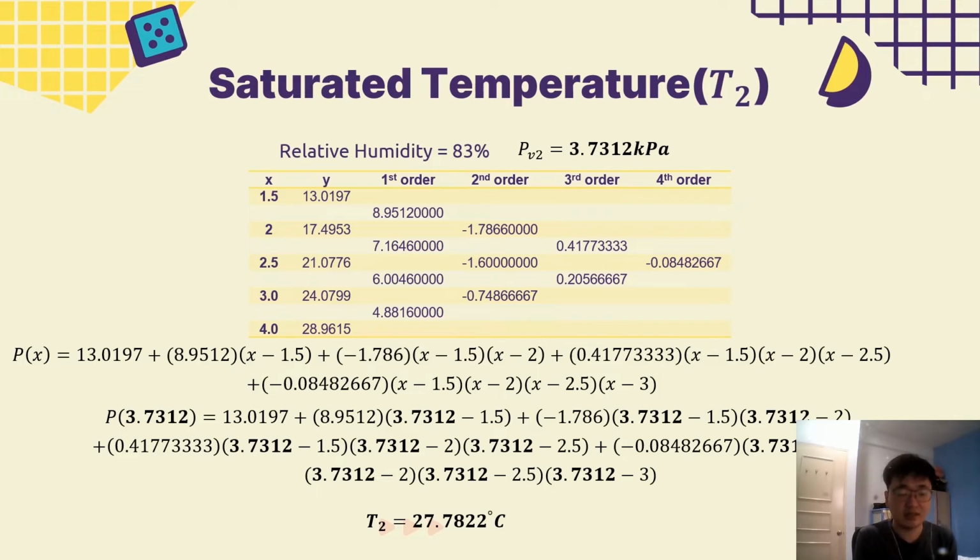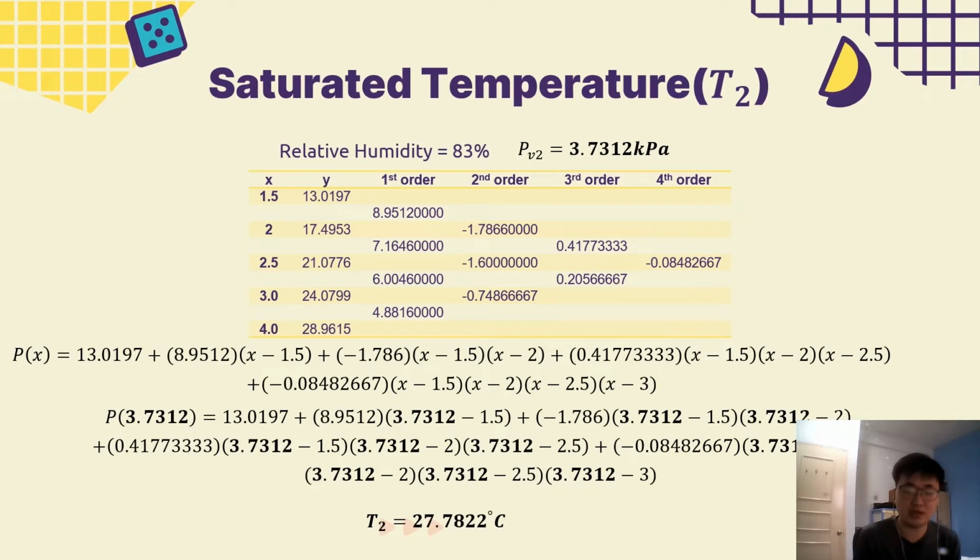Then we construct the Newton interpolating divided difference polynomial formula, which means 13.0197 plus 8.912 times (x minus 1.5), then plus negative 1.7866 times (x minus 1.5)(x minus 2).